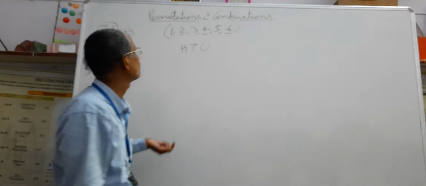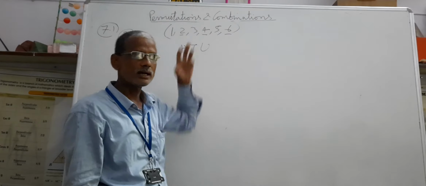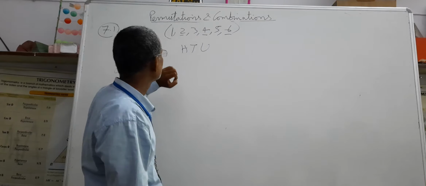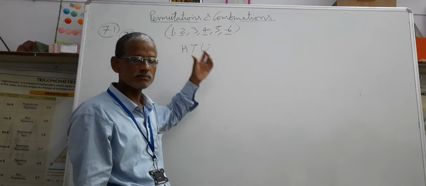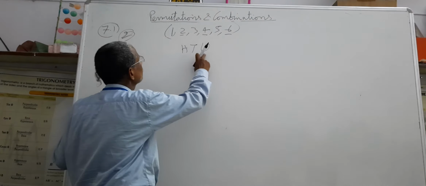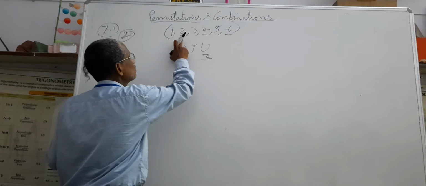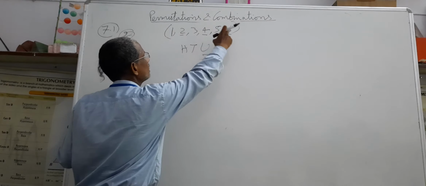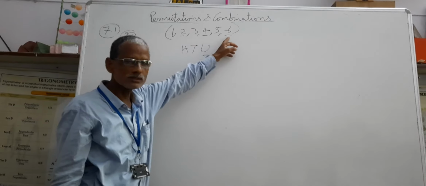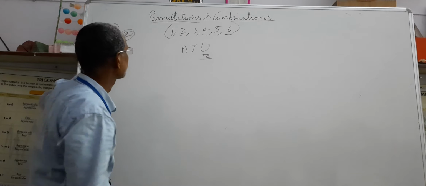If we fill the unit place by 1, 3 or 5, that number cannot be even. For even, the unit place must be an even digit. So this place can be filled in only 3 ways, either by 2 or by 4 or by 6.